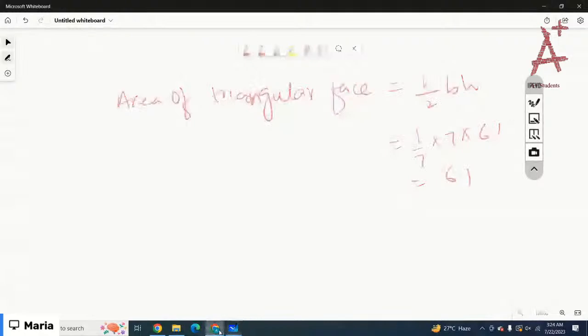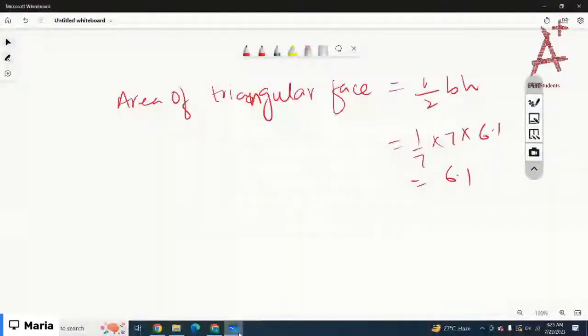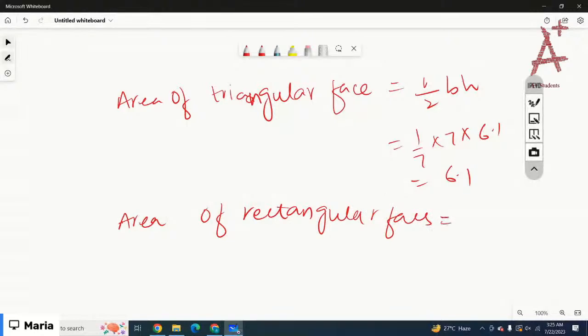Now let's calculate the area of the rectangular faces. That would be length times width.